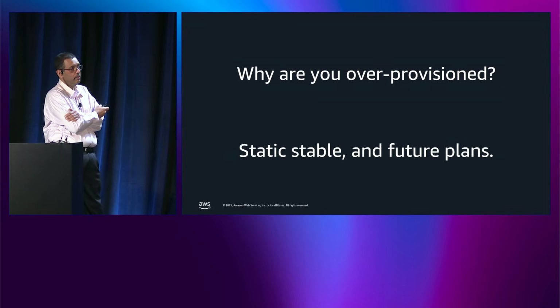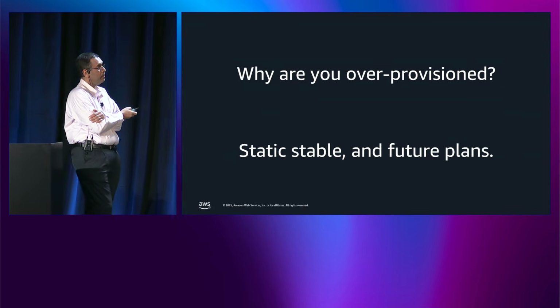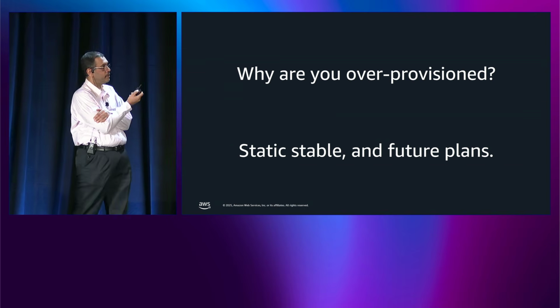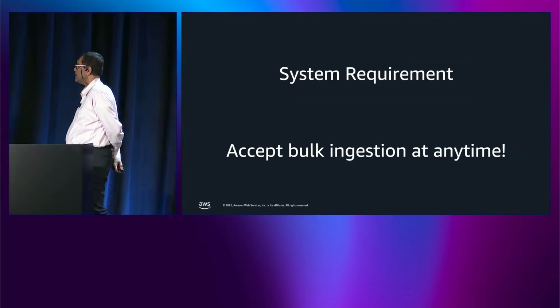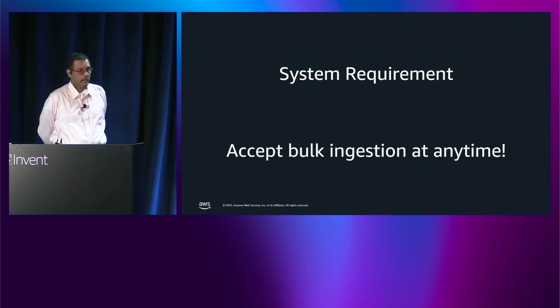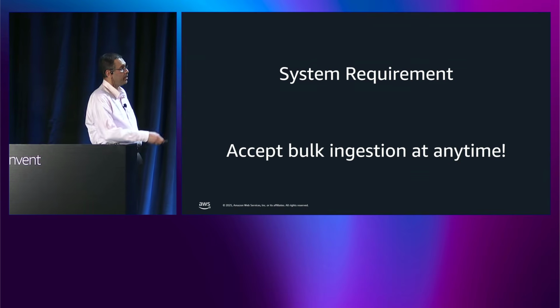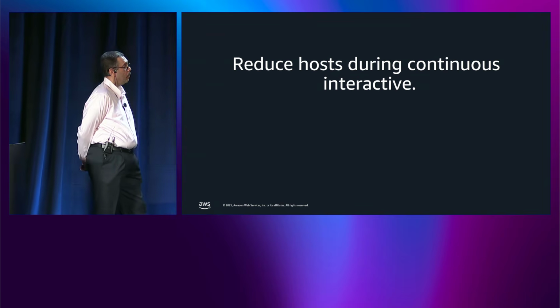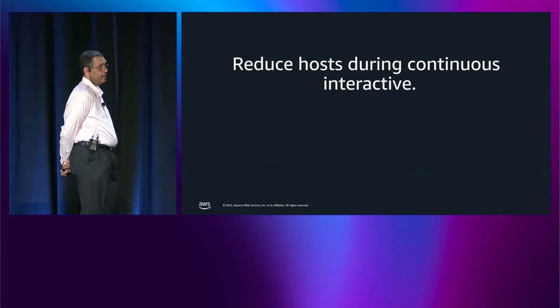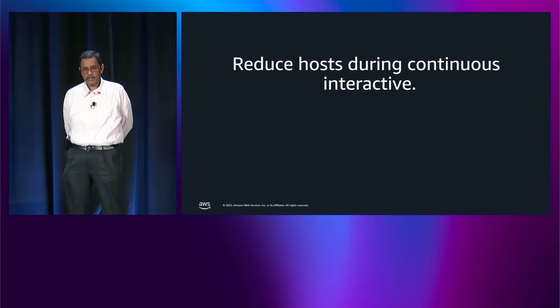God forbid, you're not able to scale up in time, you're not going to be able to serve the traffic, so they're scaled to peak all the time. So that's the requirement, and maybe they want to accept bulk ingestion at any time. Maybe it's not once a day. So one option is reduce the hosts during the interactive time.